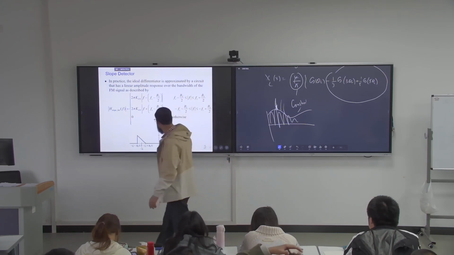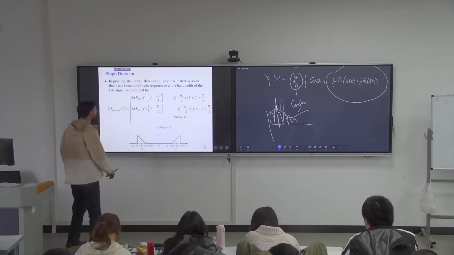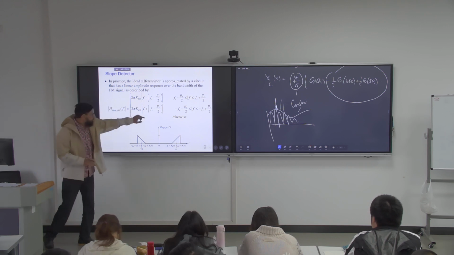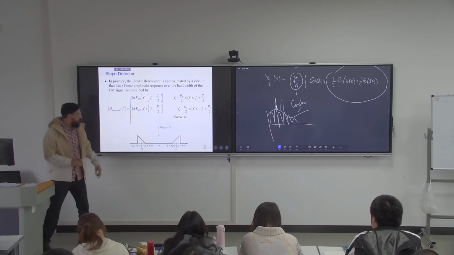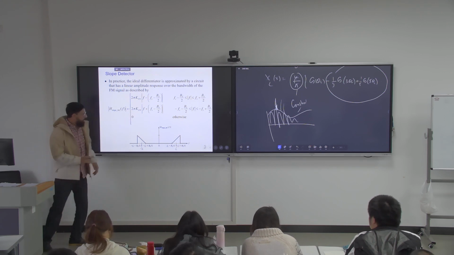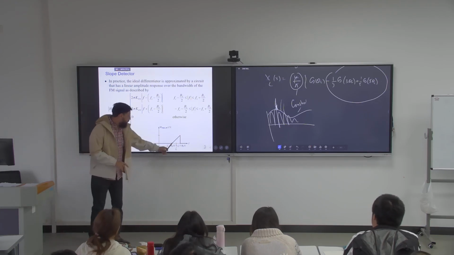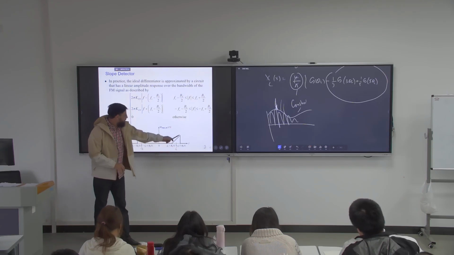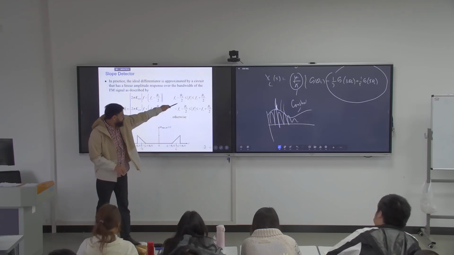Now here is the slope detector. What is a slope detector? This is basically the slope detector. This is the equation for that slope detector. Here, if you notice, this is the transfer function of the slope detector. You see, it's a slope, right? So I have this FC in the center, and then FC plus VT, using this equation.